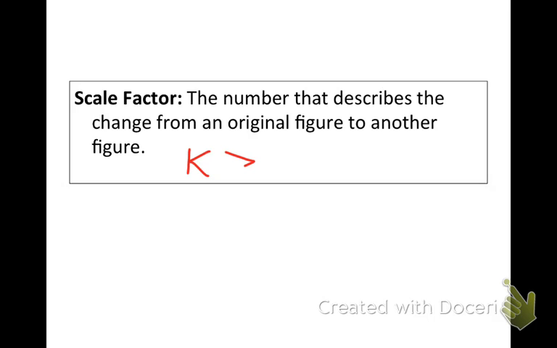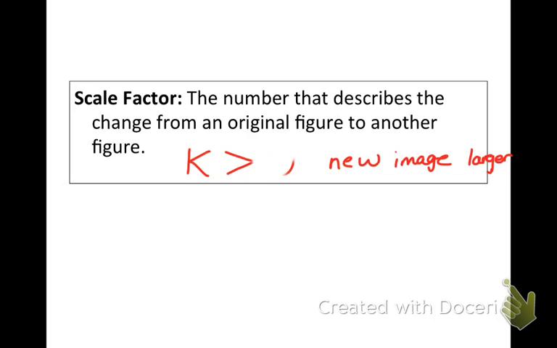If your K is larger than 0, would your new image be larger or smaller than the original? Yes, the new image would be larger. Actually, I guess if it was larger than 0, that doesn't make sense.